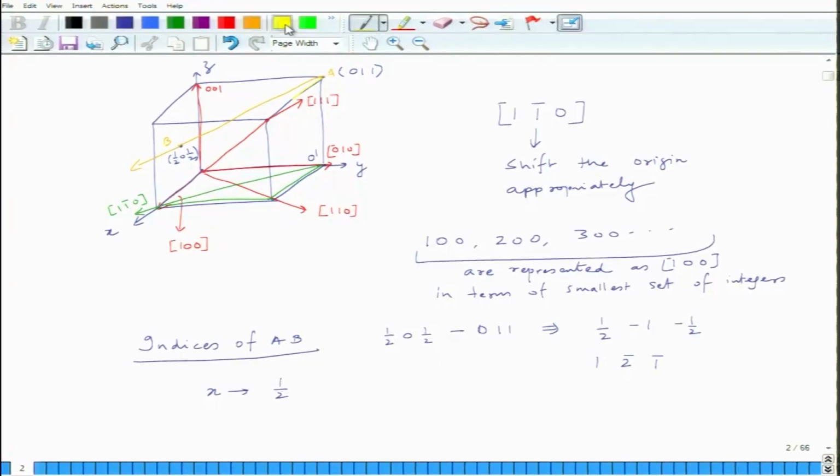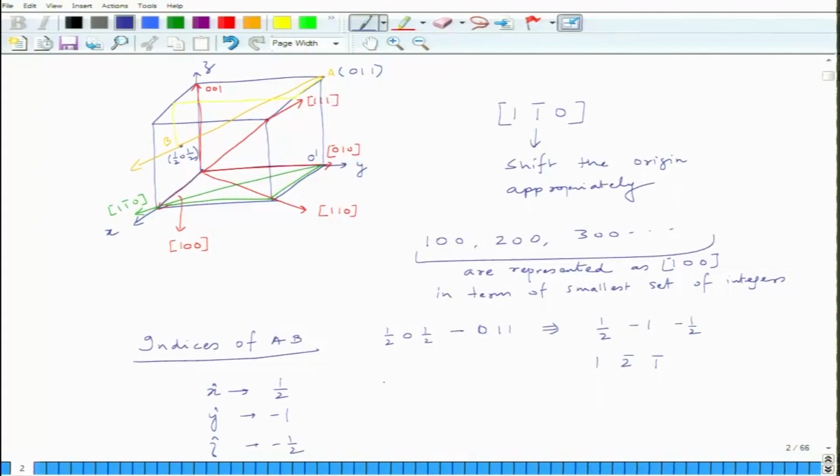Now I go along y, where I have moved minus 1, and then along z I have gone minus half.